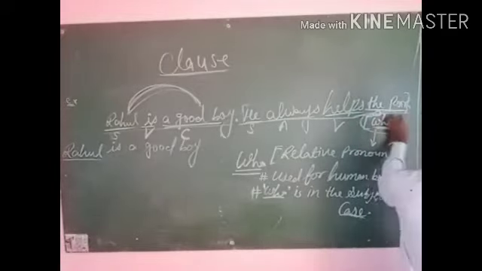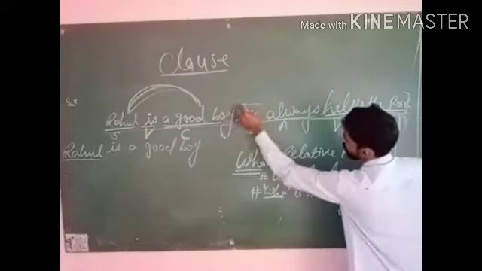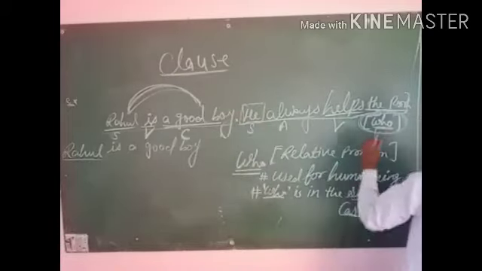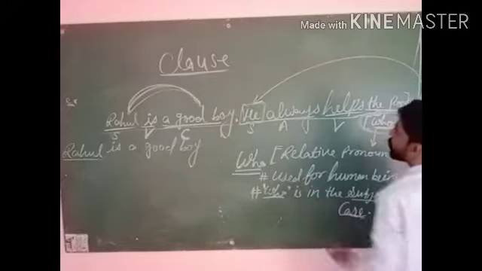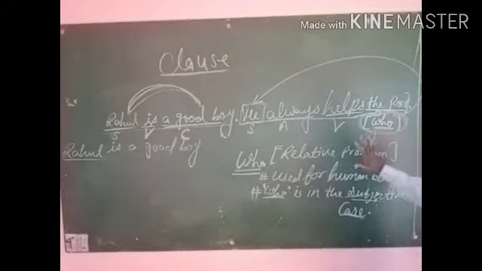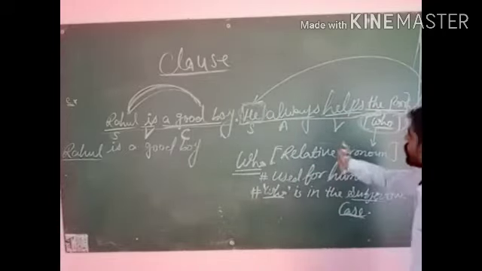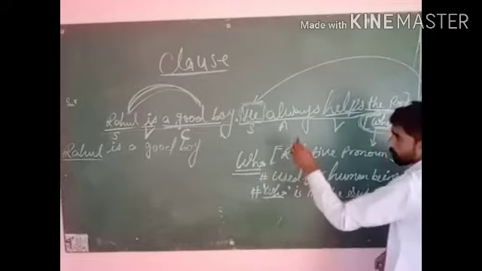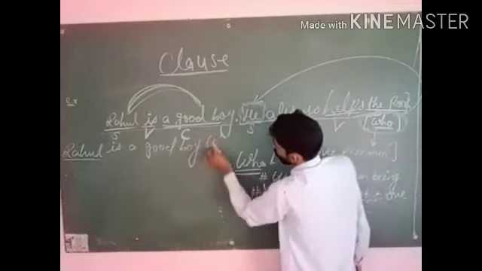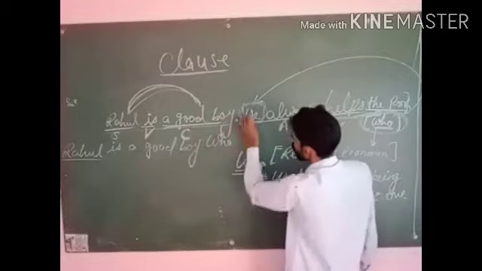So who is going to be used for the subjective case. Now look at the subjective case. This one is the subjective case. So we have to remove the subject and we have to put there who. So he is going to be removed from here and it will be replaced by who. We do not have to mention a full stop.